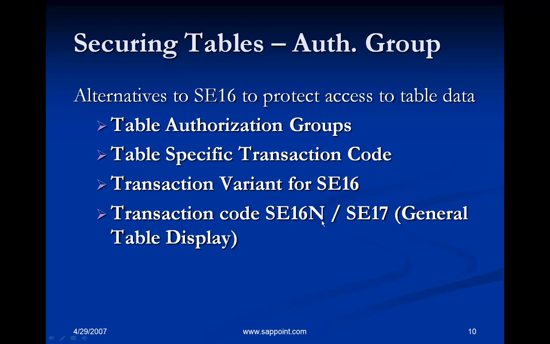In SA16N and SA17, SAP does not provide direct table update access. So using SA17, for example, even if a table such as T000 allows direct table maintenance, people can't do that because SA17 does not have a feature to do direct table maintenance.